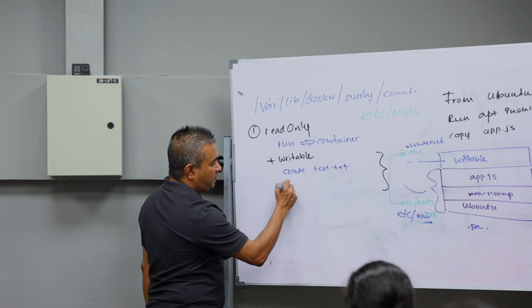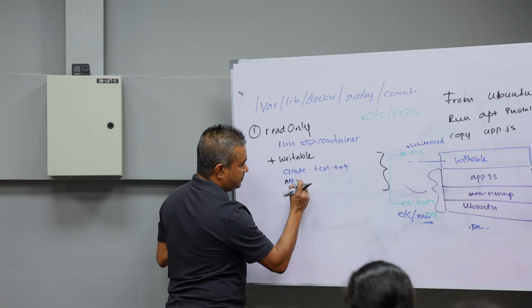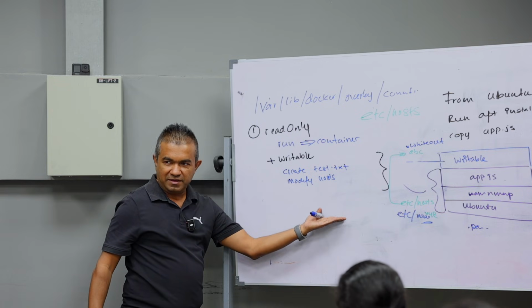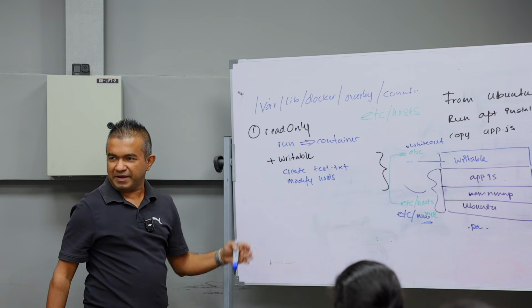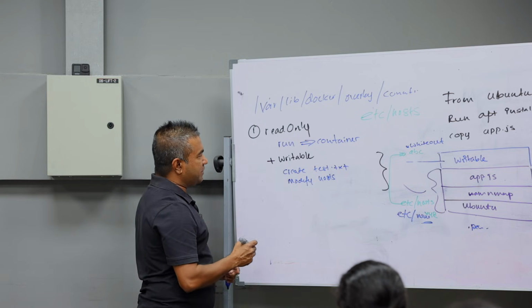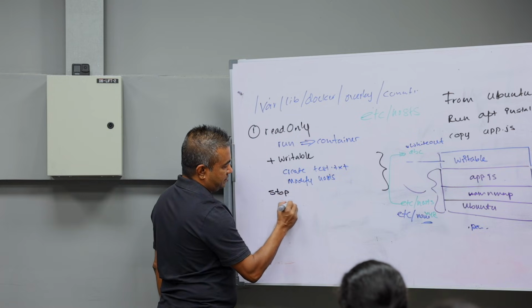And now you modify a file. Now what happened? It takes a copy and puts it into the write layer. Now these files are there. Now you stop the Docker.